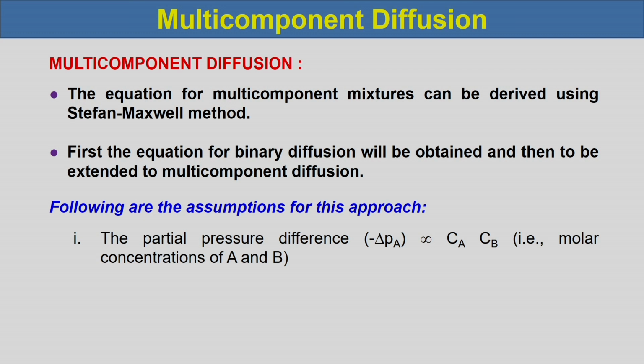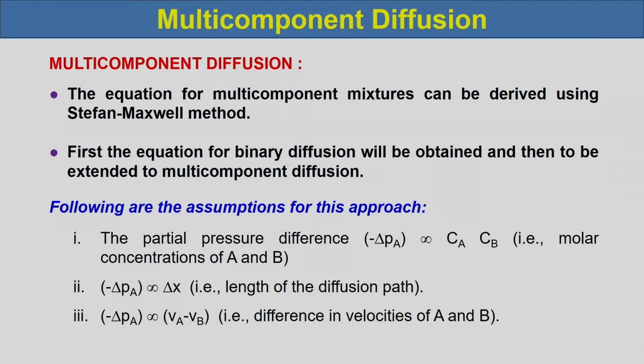The first is that the partial pressure difference, delta Pa, is proportional to Ca and Cb, the molar concentrations of A and B. Second, the partial pressure difference is proportional to the length of the diffusion path, delta x.